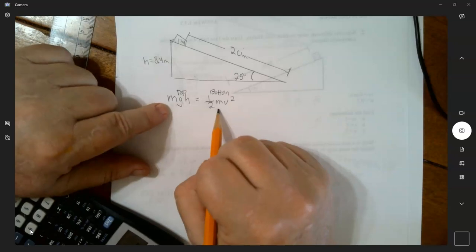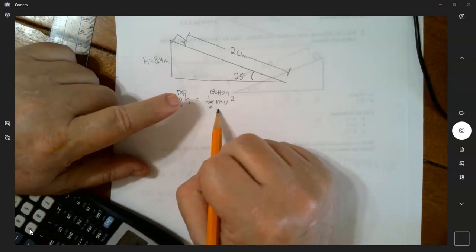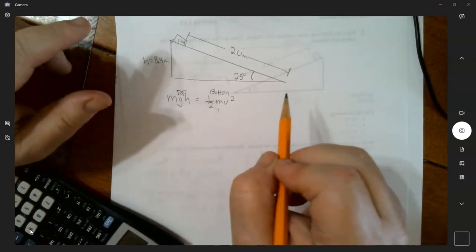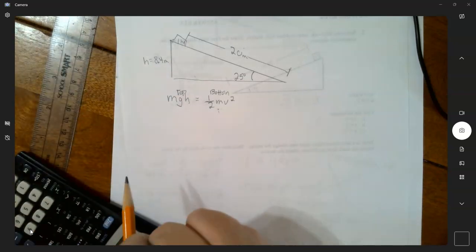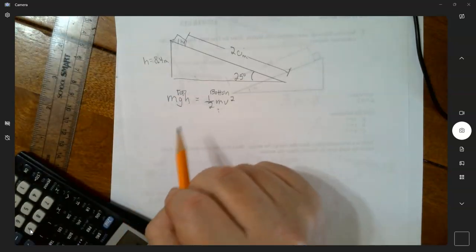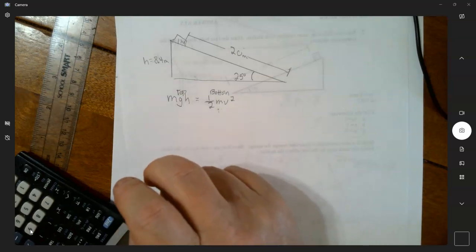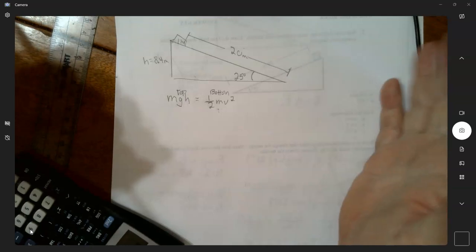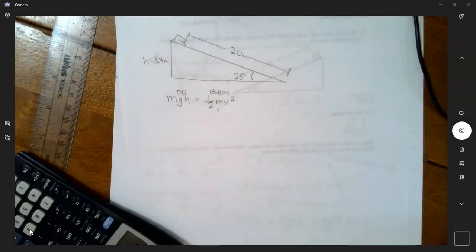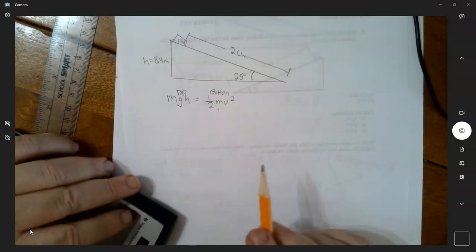You can't do this, called conservation of energy. Goes from potential to kinetic, and in the case of this problem, it was 84 joules from the last problem. But you can't do that if you have a friction force. That's a non-conservative force, meaning it comes from the outside. It's as though you stuck your hand in there and slowed the block down from sliding down. That would be non-conservative as well. Well, friction force is non-conservative. So we're going to have to do this with work.